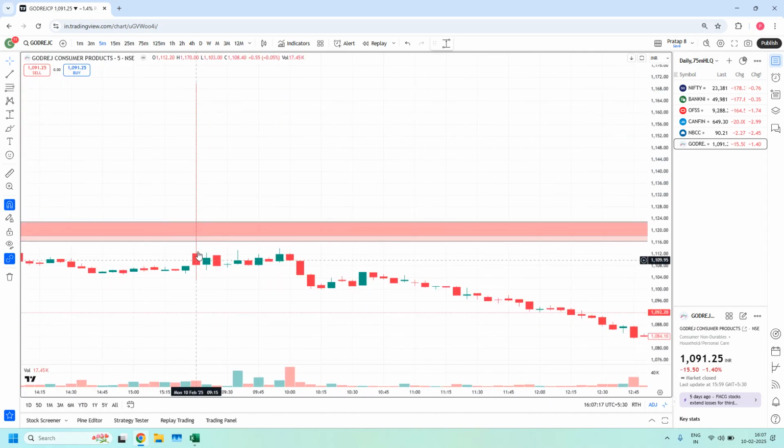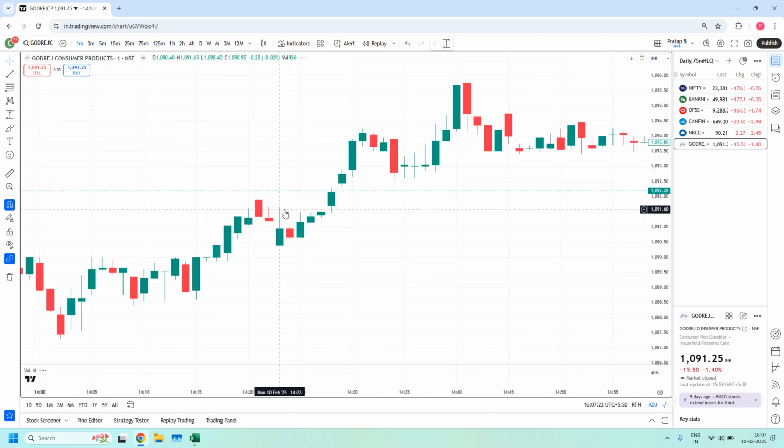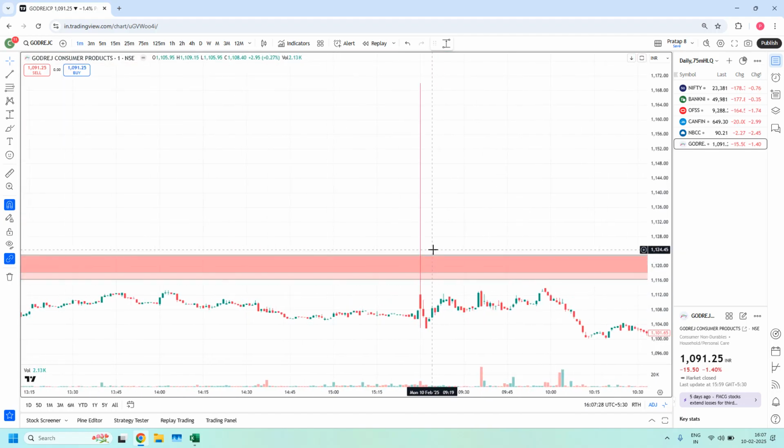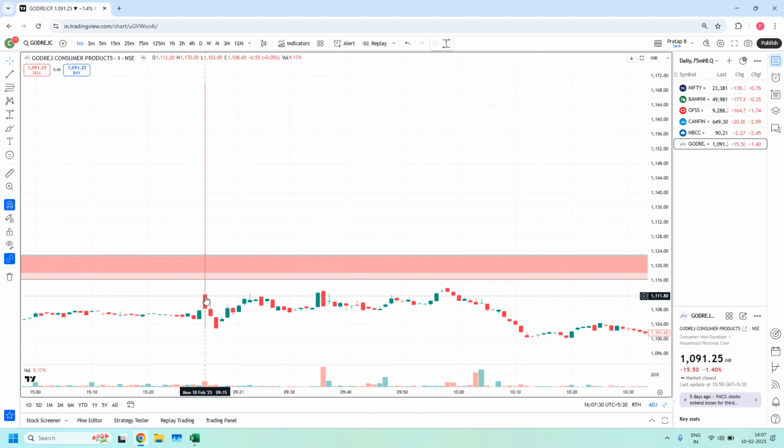But today morning, the 9:15 candle. See, this is 9:15. Even the 1 minute candle is the same. Look into the 1 minute chart. You might be wondering how it is possible. From here prices went up and again came down, closed. And then for the rest of the day prices moved but did not go up. Maybe it could be a freak trade. Because sometimes in the exchange in the morning 1 minute, there are higher chances of some false trades, maybe just 1 trade or 2 trades can happen.